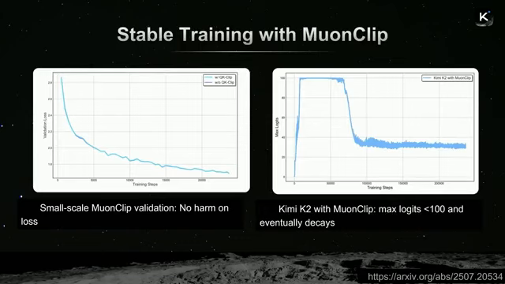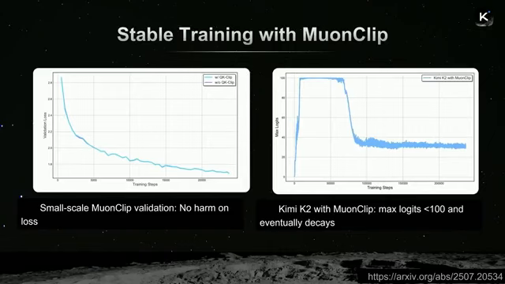It first explodes as before, but at the value of 100 it's clipped at a constant value for a long time. Then after a certain number of steps, it just naturally goes down. So the neural network finds a way to constrain the maximum value of the max logit, ensuring a stable training process.